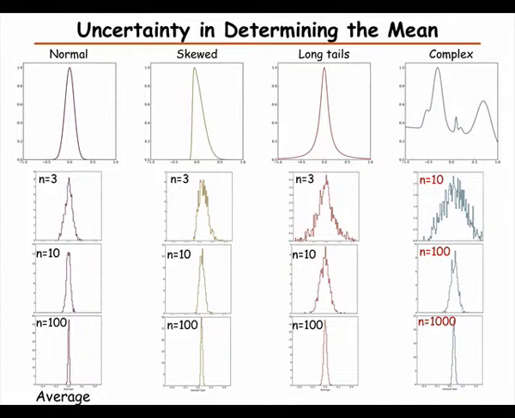And again, we have our complex distribution, and here, the more skewed and strange the distribution is, the larger the sample size we need to get close to a normal distribution. In this case, for the average to be close to normally distributed, we definitely need more than 100, a sample size of 100.